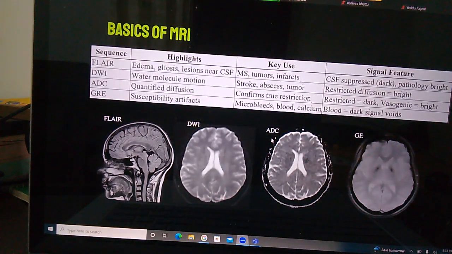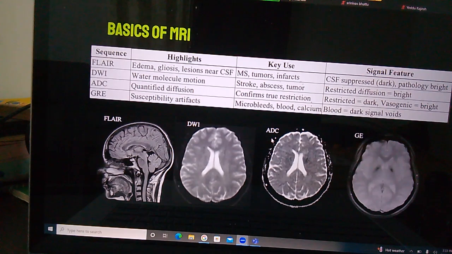What are the FLAIR images? Mainly, the FLAIR image is something like a T2 weighted image, but the CSF is suppressed. Instead of white, the CSF is dark. Any pathology adjacent to the CSF will be bright in the FLAIR images.